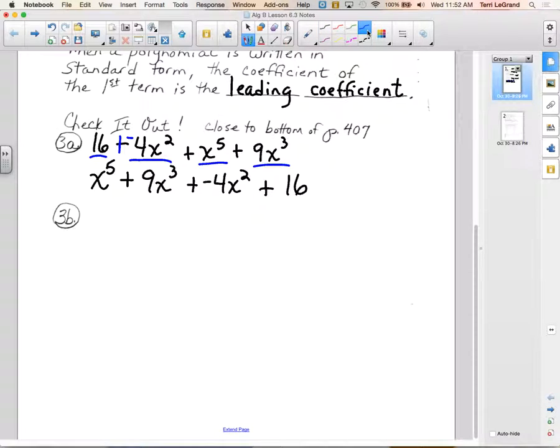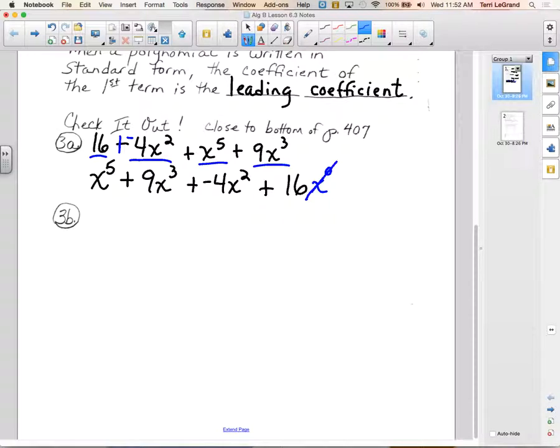You don't have to write this necessarily in your notes, but I want you to see this. Because it's the exponent on the variable that we're looking for, not the exponent on any numbers, just the variable part. So we went 5, 3, 2, 0. What is x to the 0 power? 1. What's 1 times 16? 16. So it's really been cleaned up. We don't really need this because it's 1 and 1 times 16 is still 16.